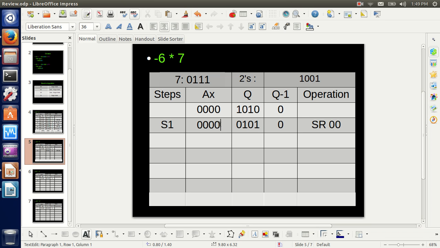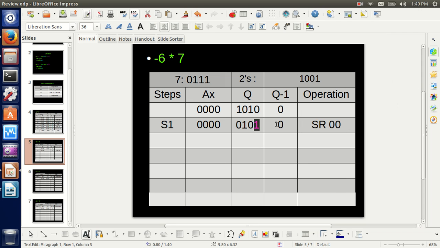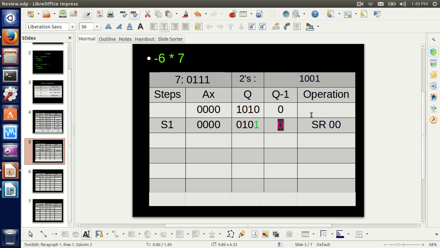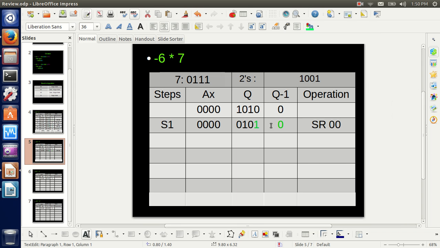And here I'll have. Now I look at those again. I'll have this as green, this as. So in this case, what do I do? 1 0. Remember, 1 0 is a negative number.